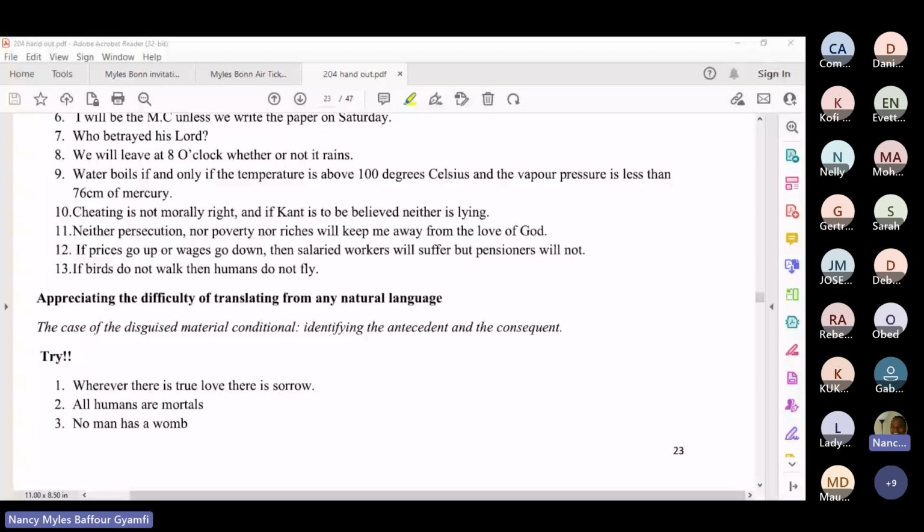Also a conditional with the consequent negated, while the consequent is also a conditional whose consequent is negated. You see how complex that is? If birds do not walk, then humans do not fly.